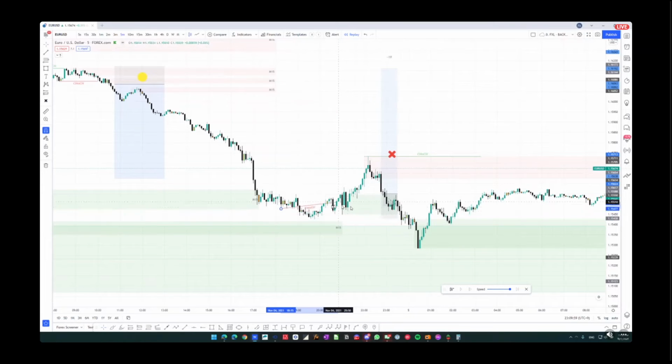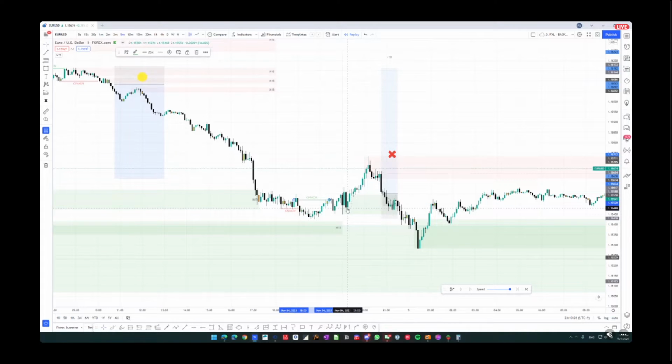But it created a lower low here, broke that. Sorry, broke the high here, right? So this right here is a chalk. The only thing is we weren't in a demand zone. That's a problem.